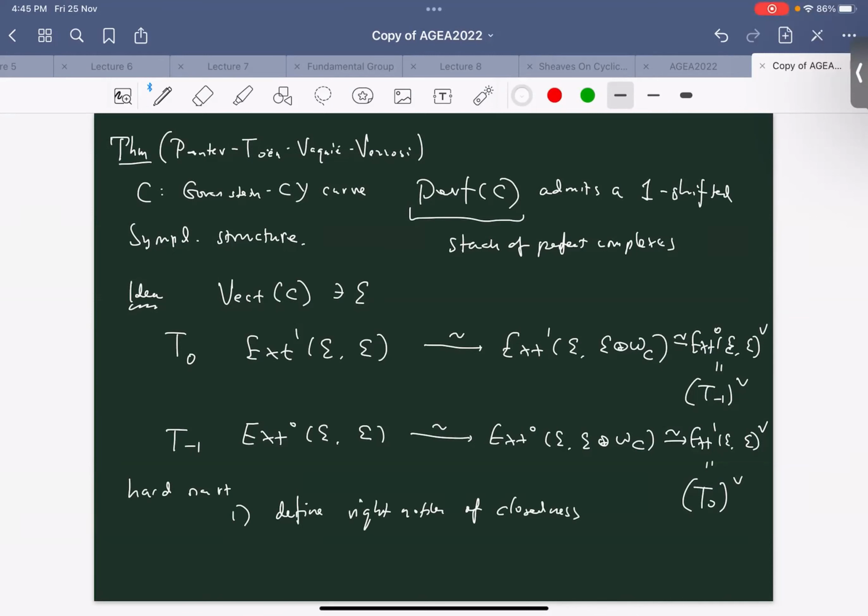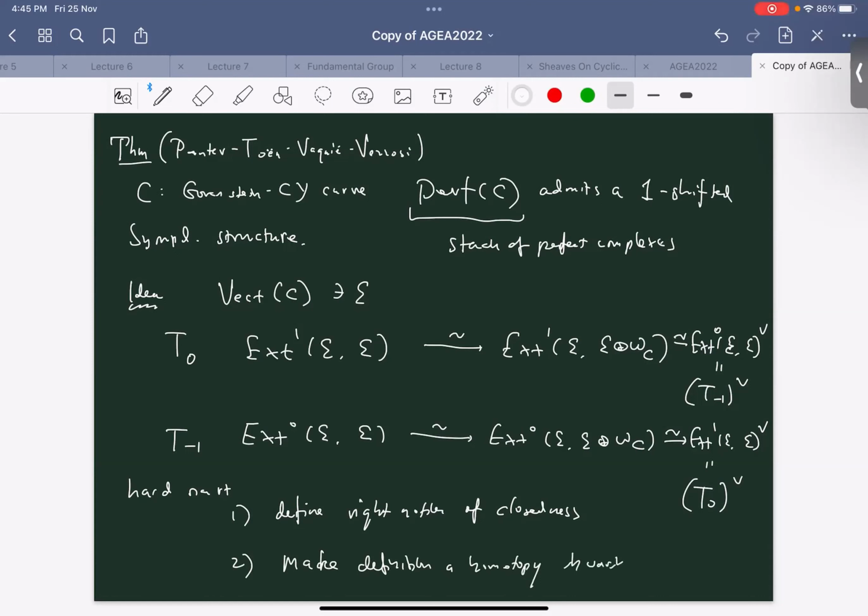To construct a symplectic structure on a moduli space, the most difficult part is to check closedness, not non-degeneracy. Non-degeneracy you can check pointwise, but closedness requires local calculations, which is really the hard part. The second hard part is to make the definition homotopy invariant.